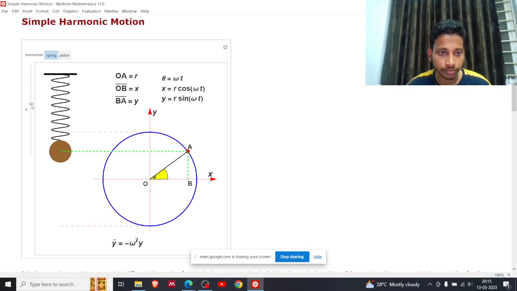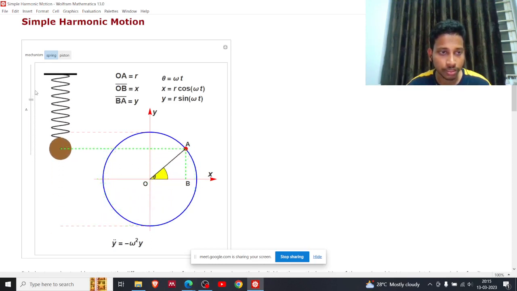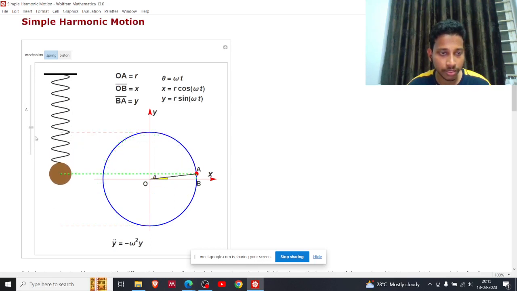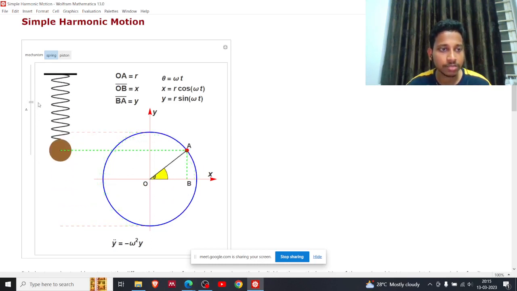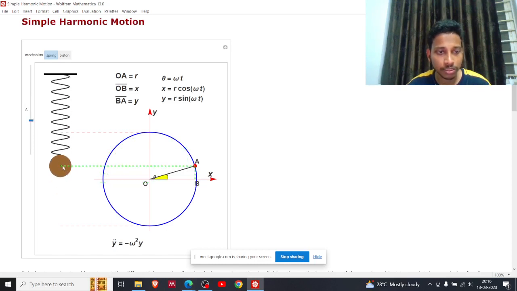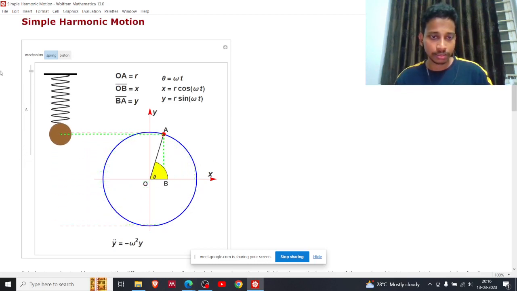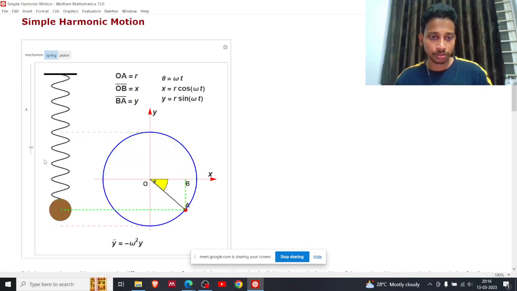So now if I move the amplitude, you can see that the compressing and stretching of the spring is happening, and if we map the position of the bead to a circle on the circumference, we can see a motion.